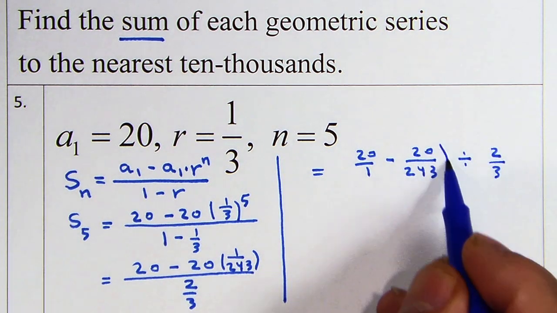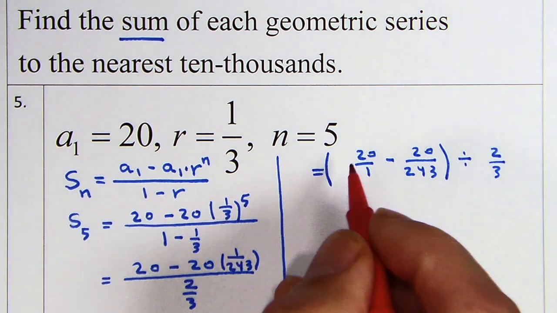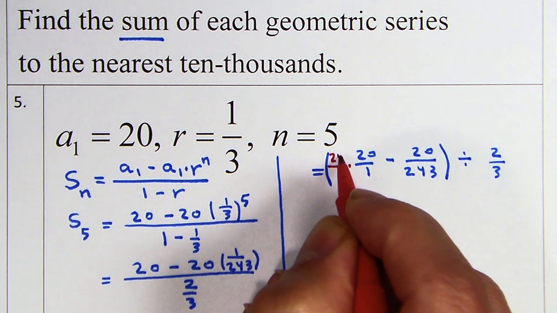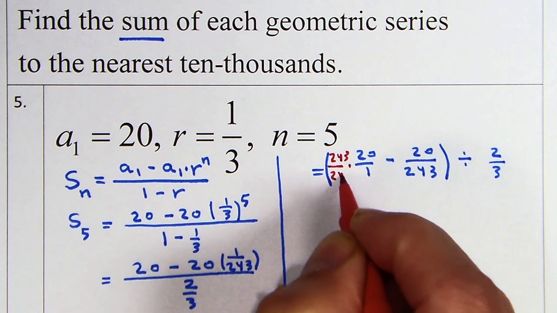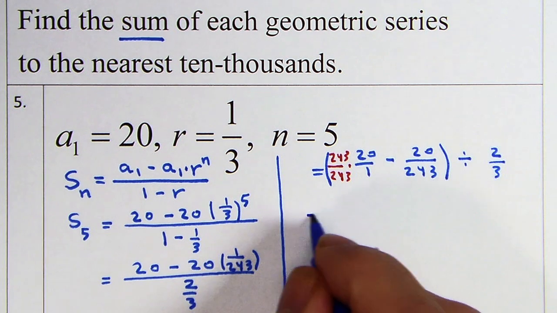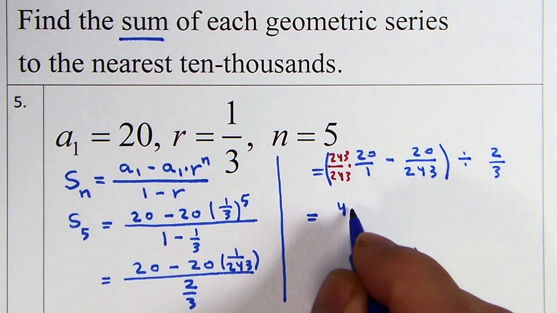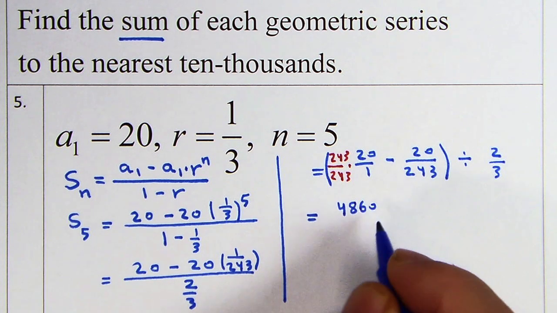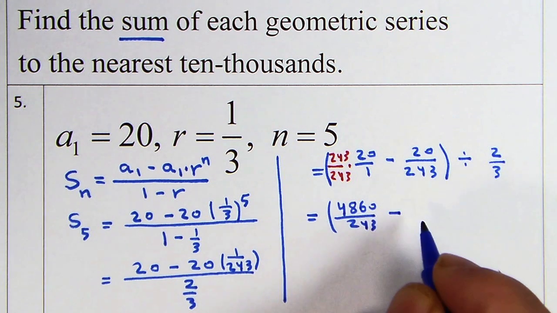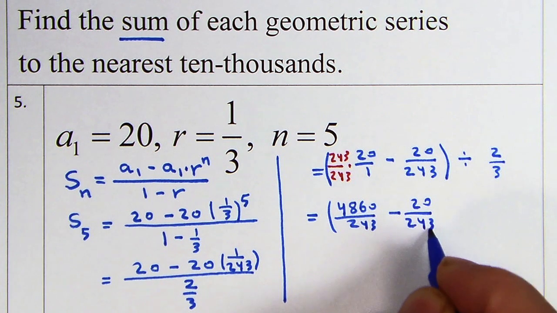And we could also, to reduce steps, add here that we're going to multiply by 243 over 243 to have the same denominator, and that becomes 4860 over 243 minus 20 over 243.